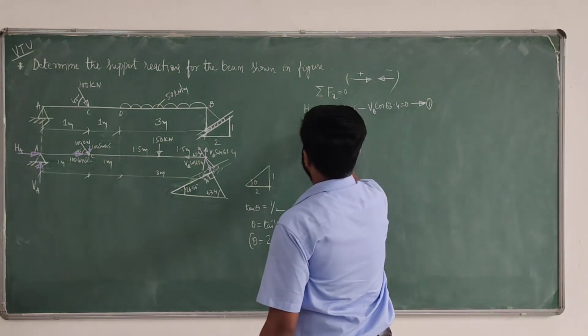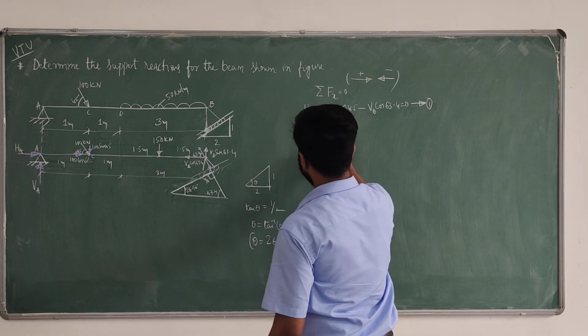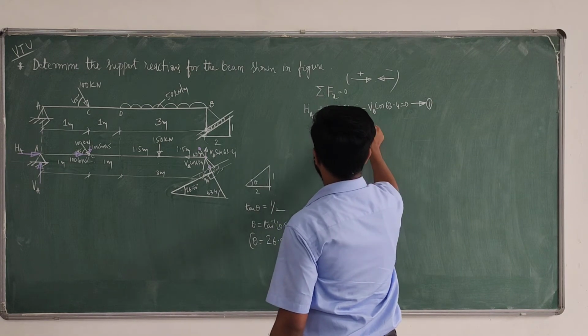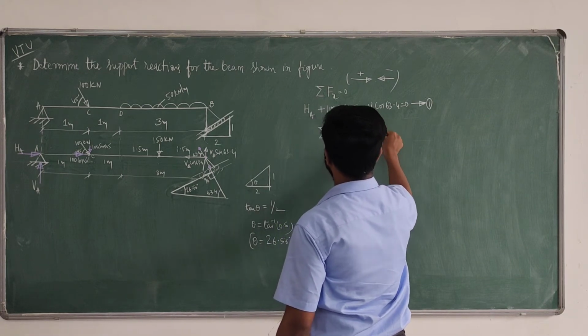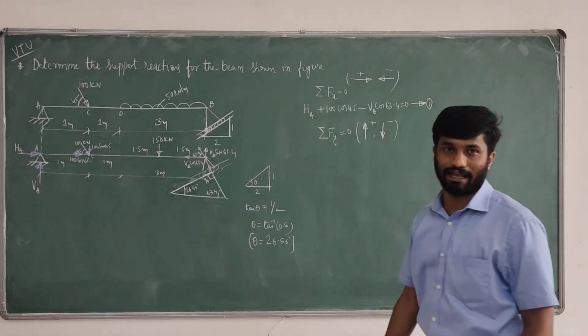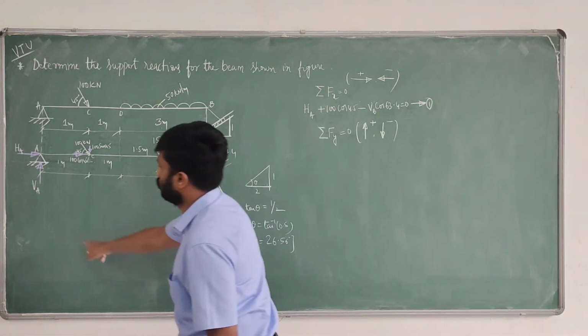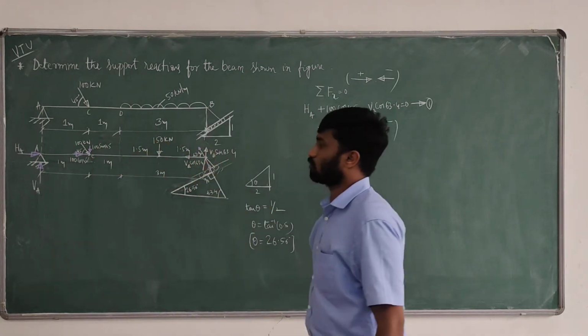Next, apply sigma Fy equals 0. Sign convention, all upward forces are positive, all downward forces are negative. How many vertical forces? 1, 2, 3, 4.